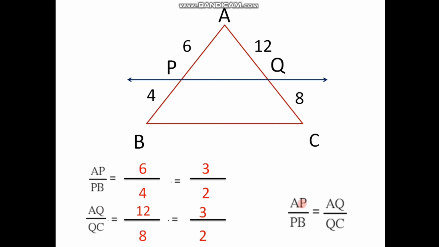So from this we can conclude that AP divided by PB is equal to AQ divided by QC. So when line PQ is parallel to side BC, from this example we can conclude that AP divided by PB is equal to AQ divided by QC. That means line PQ divides side AB and side AC in the same proportion. So this is the basic proportionality theorem.